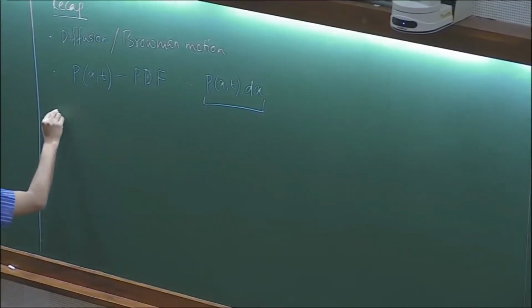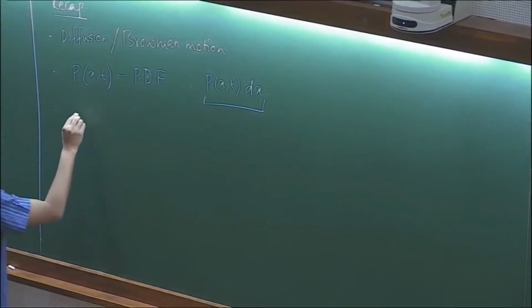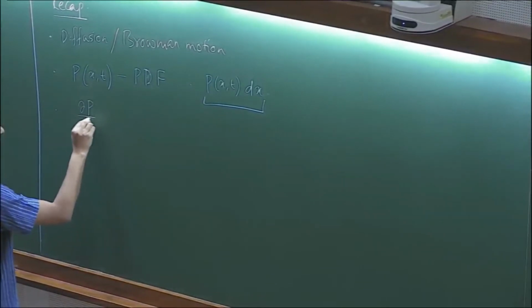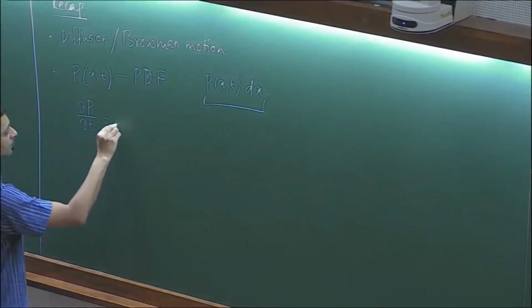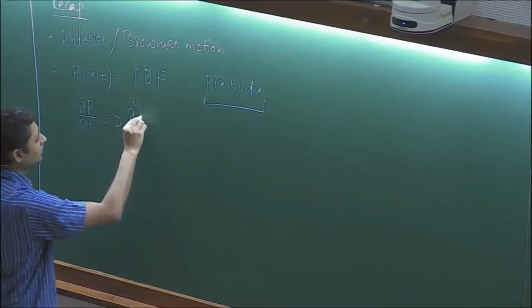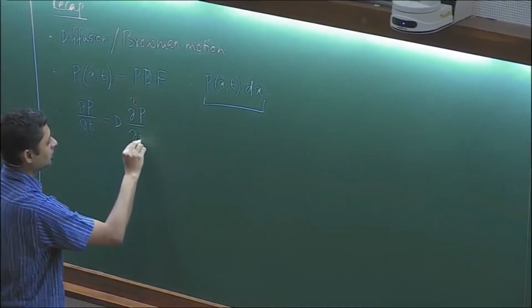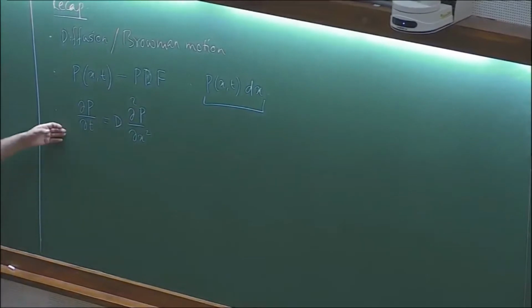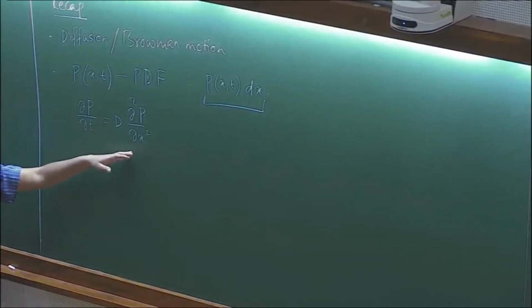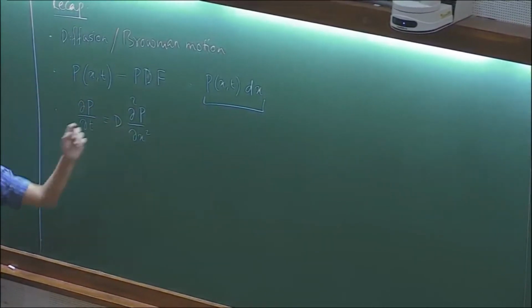Then what we showed is that this probability satisfies this equation. This is in one dimension, but you can generalize easily to higher dimensions, so it just becomes a Laplacian. So it satisfies this equation.